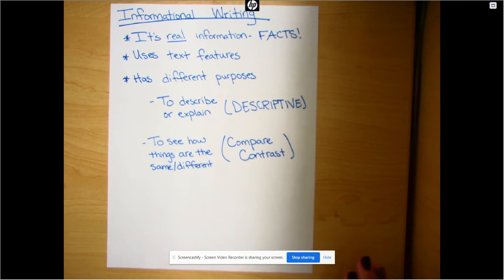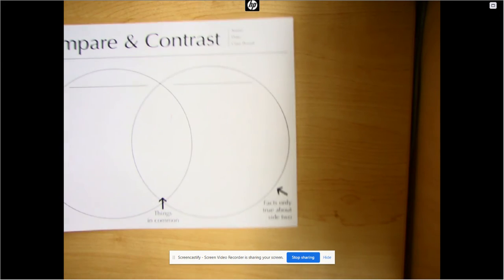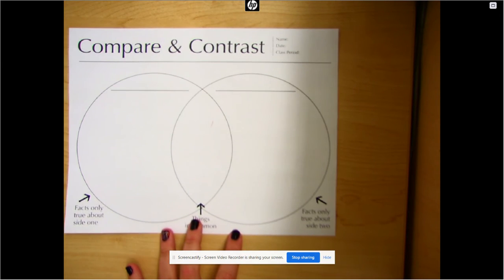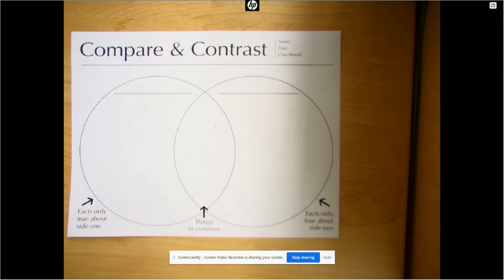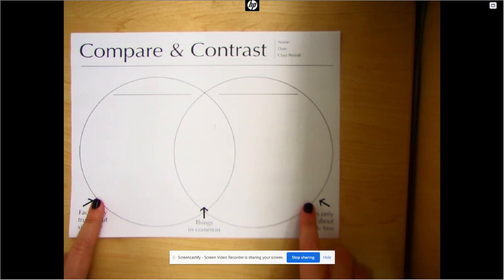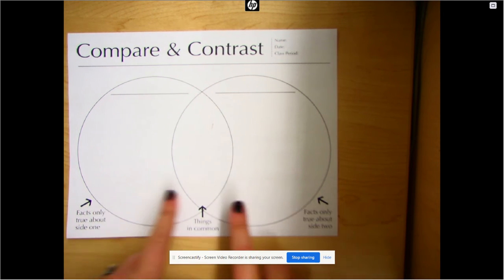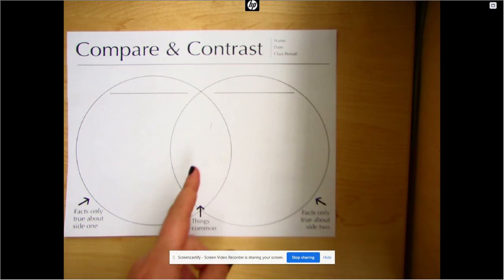So maybe you've seen this type of plan before. It's called a Venn diagram, and this is usually what we use to help us plan compare and contrast writing, because you put what's different about them on the outside circles, and in the middle is what they have in common. I'm showing you this plan before we brainstorm because you have to have both sets.